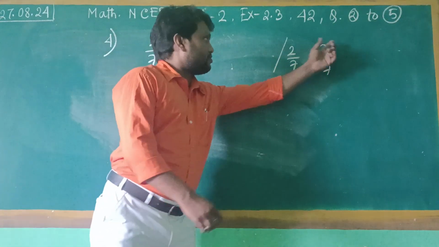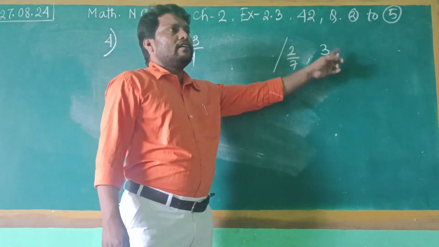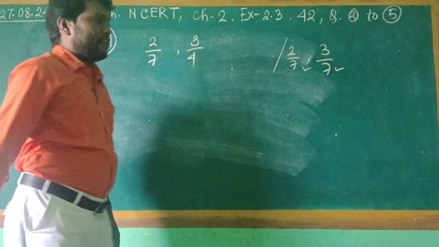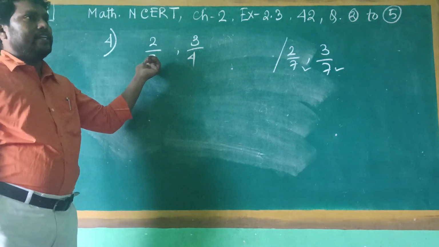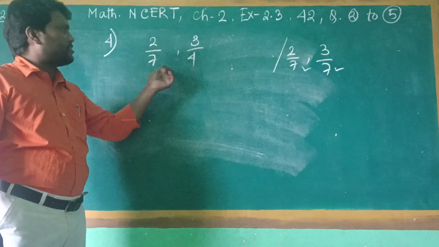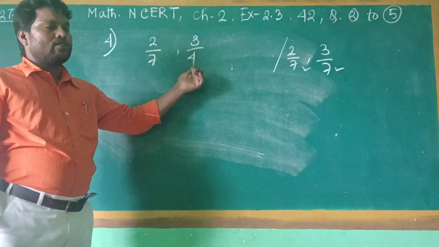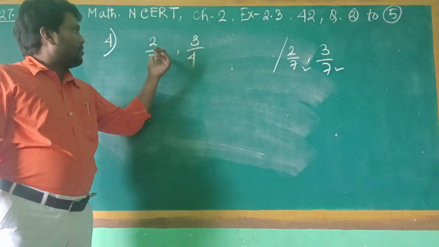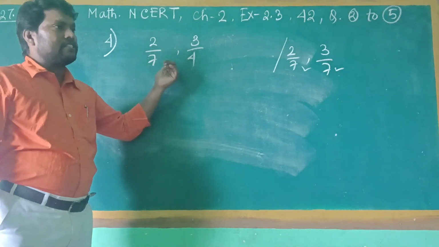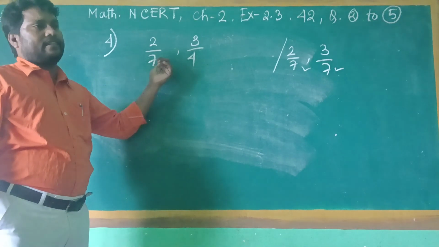That was a like fraction, where the denominators are equal. But what are unlike fractions? The fractions containing different denominators. So how will you find which is greater? At first you have to convert them into like fractions.